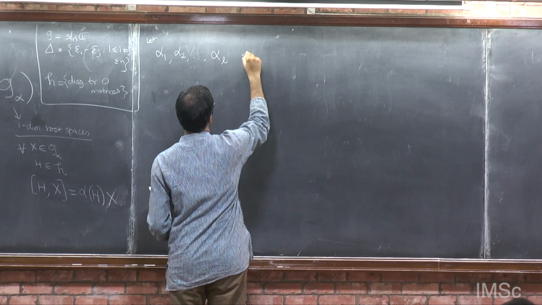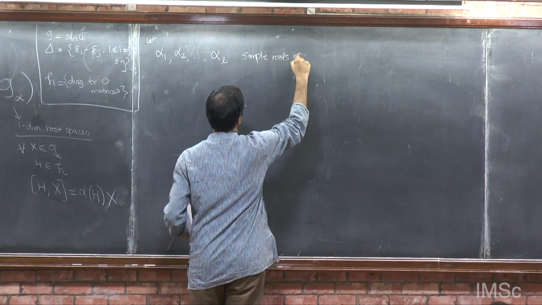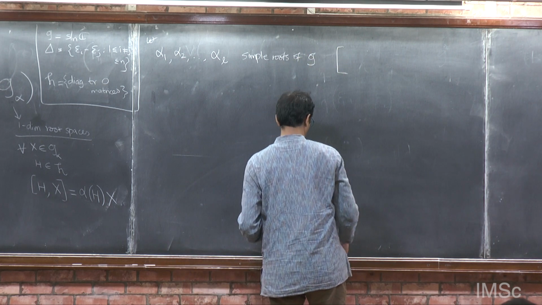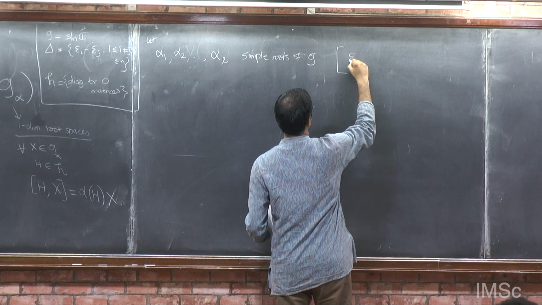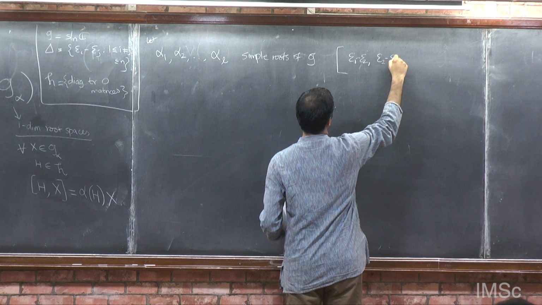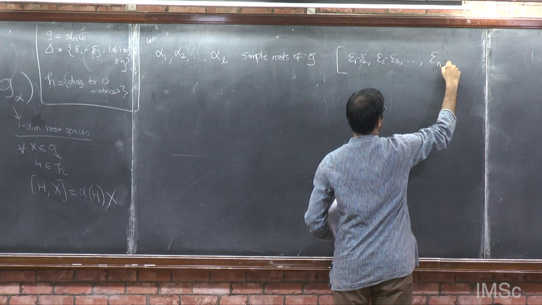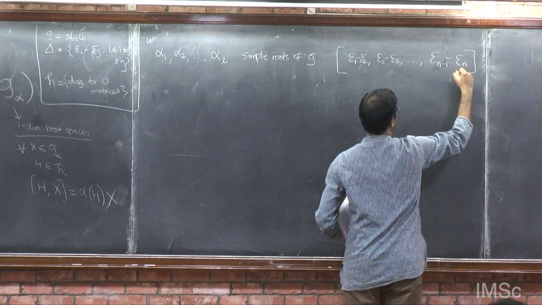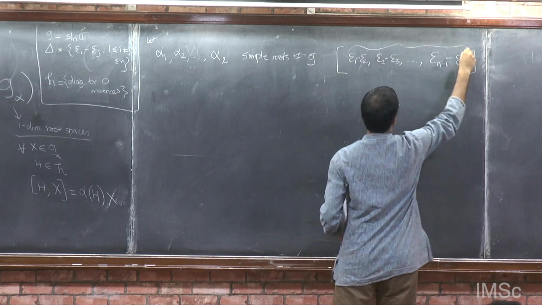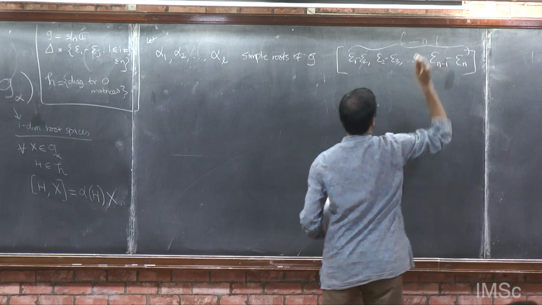Let these be the simple roots of G. Again, in the case of SLN, these are just epsilon 1 minus epsilon 2, the successive differences, epsilon 2 minus epsilon 3 and so on, up to epsilon n minus 1 minus epsilon n. So there are exactly n minus 1 of them, so the number L is the number of simple roots.